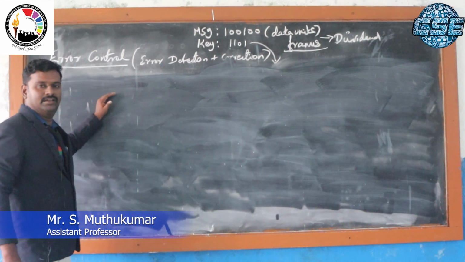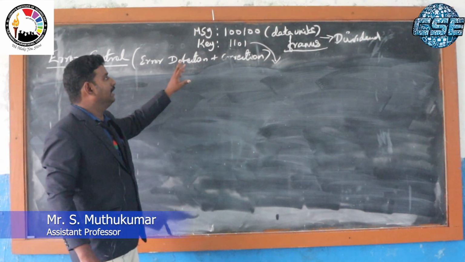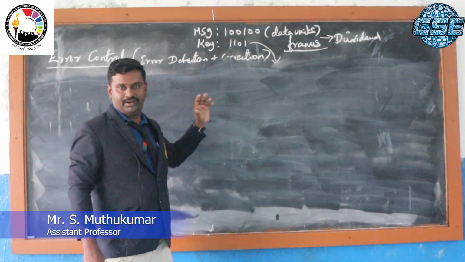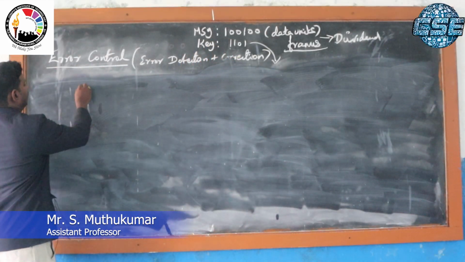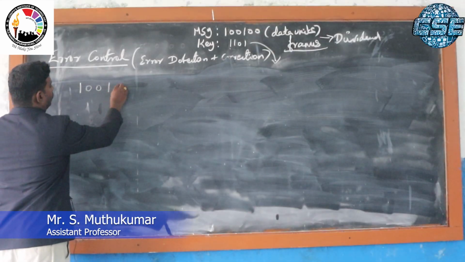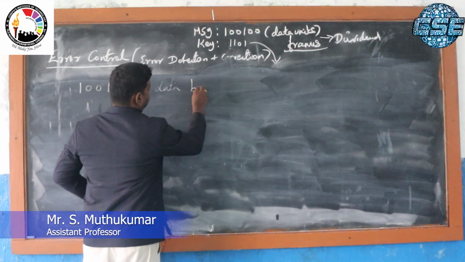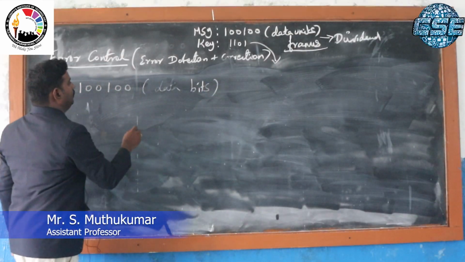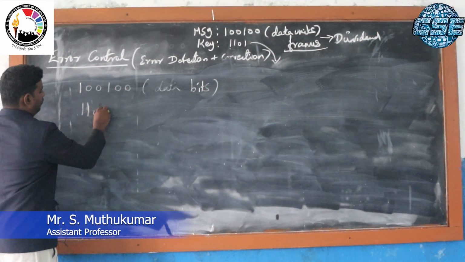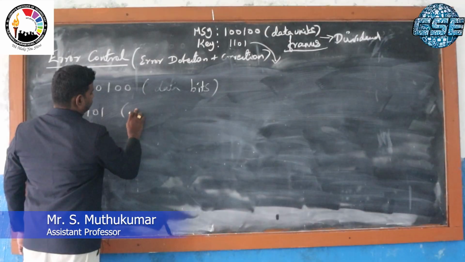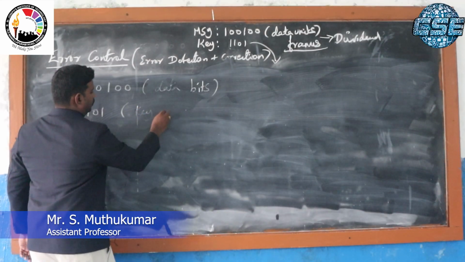Sometimes, to confuse the students, the data bits may be given in a different format. For example, take this data bit and the key value, that is your divisor key.